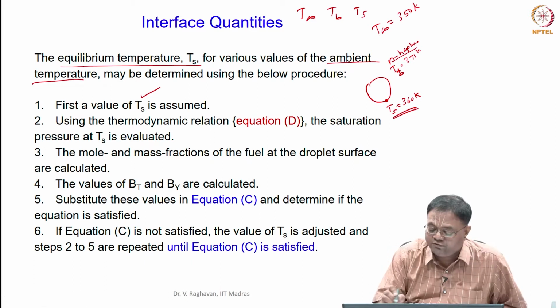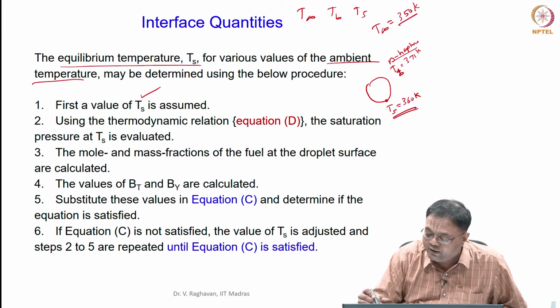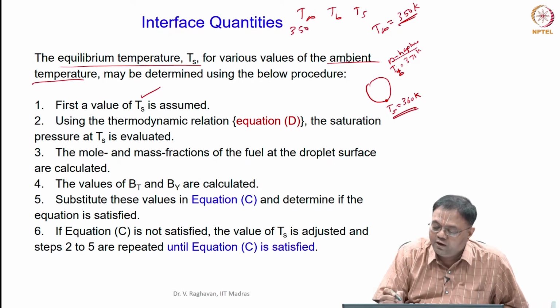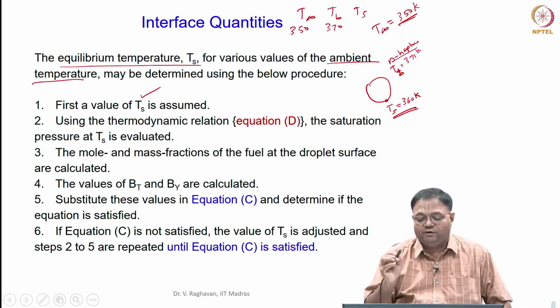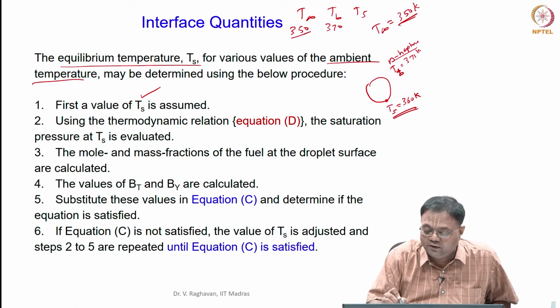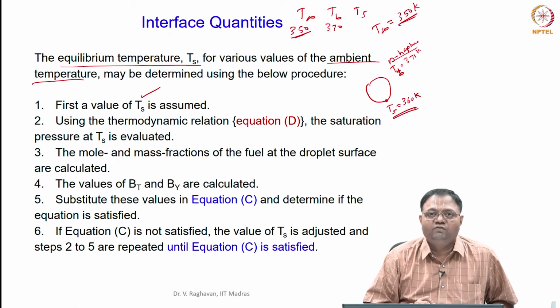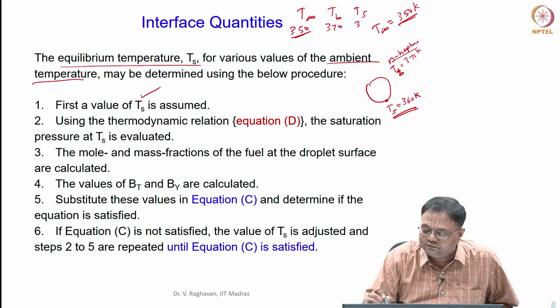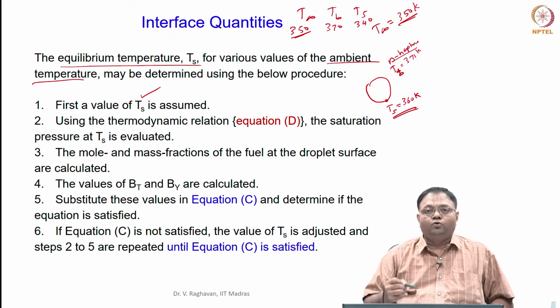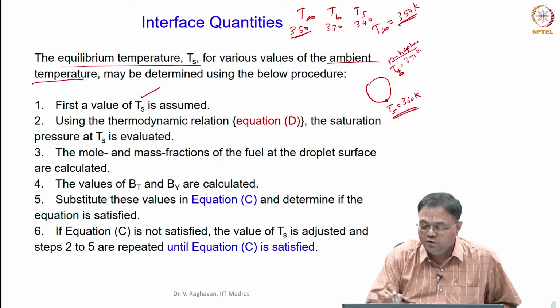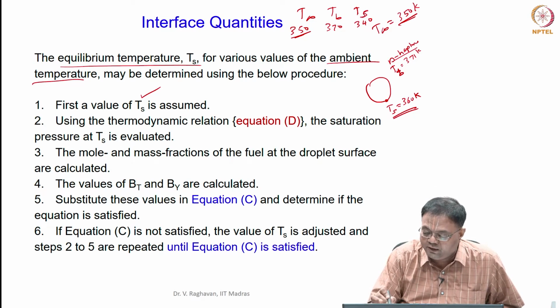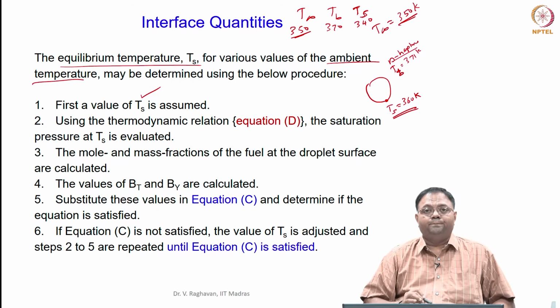Out of the 3 temperatures, this 350 Kelvin I will put for T infinity, and my boiling point is 370 Kelvin. Then the surface temperature cannot exceed this T infinity. So, surface temperature can be guessed as say 340. Definitely it should be less than the T infinity, that condition we have to understand. So, Ts will be less than the T infinity.